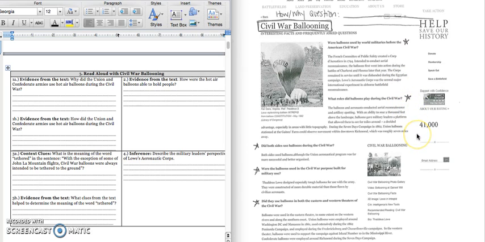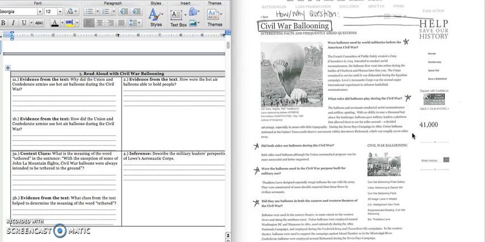What role did balloons play in the Civil War? In the next couple of paragraphs, this is where we're going to find our answers to 1A and 1B. All right? So what role did balloons play during the Civil War?